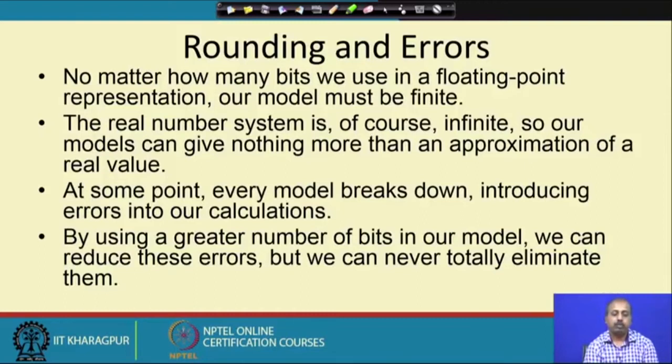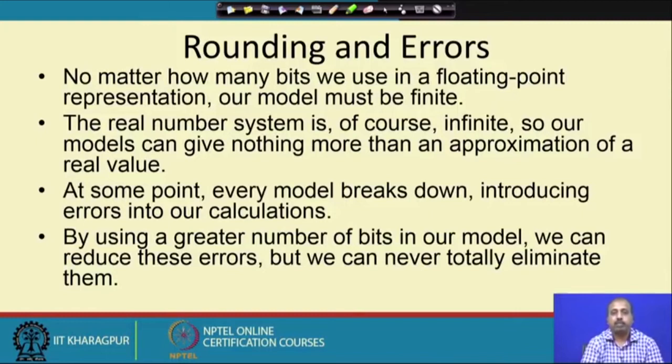So, there will be a restriction, we will have to be careful, and when there is a restriction, it will introduce some amount of error. The real number system is infinite, so our models can give nothing more than an approximation of the real value. At some point every model breaks down.